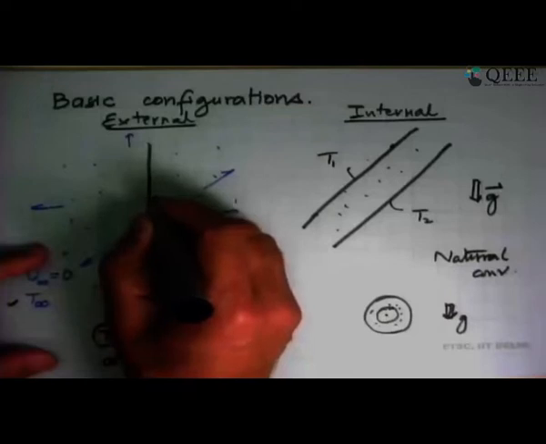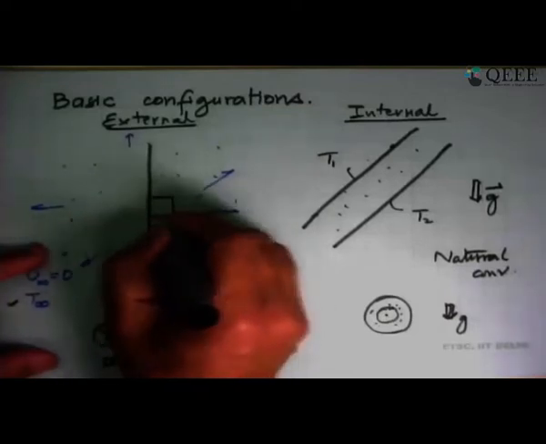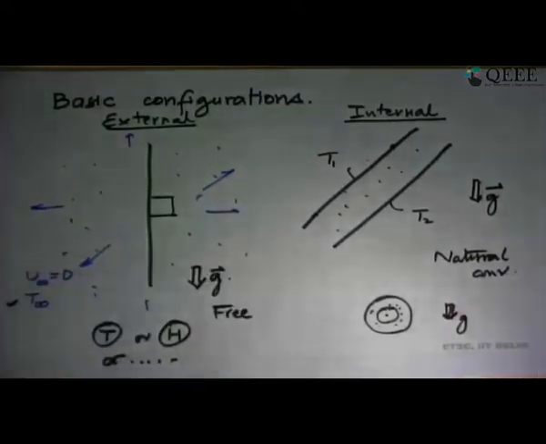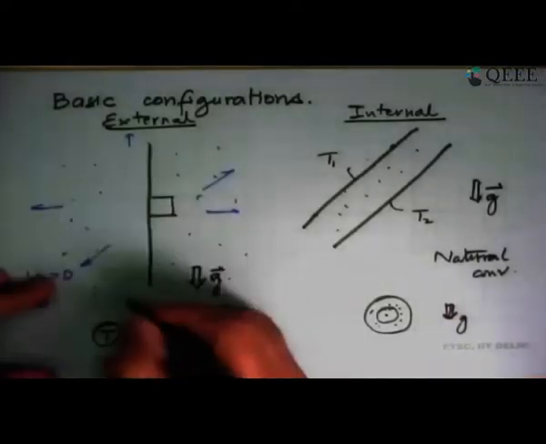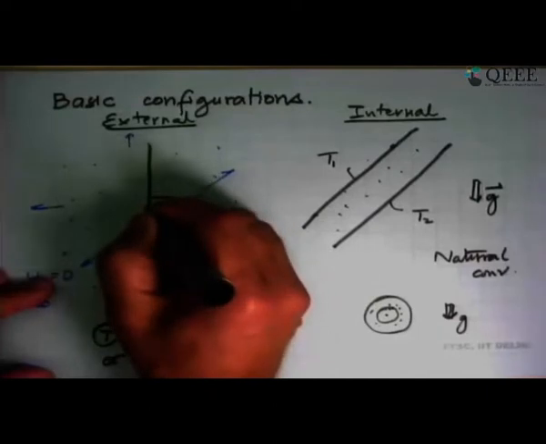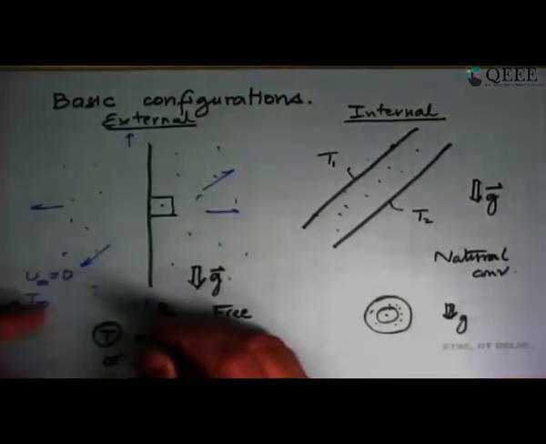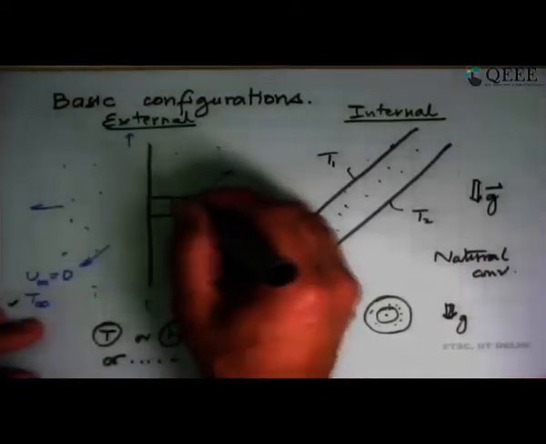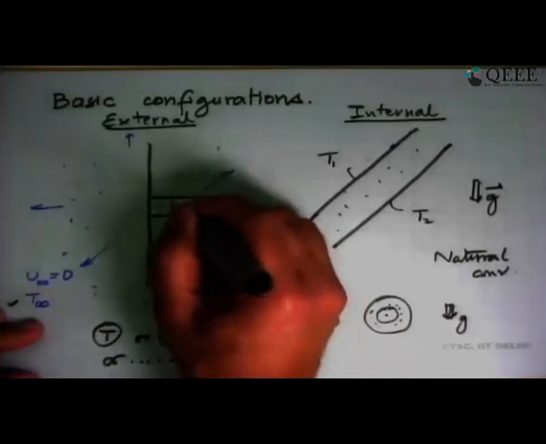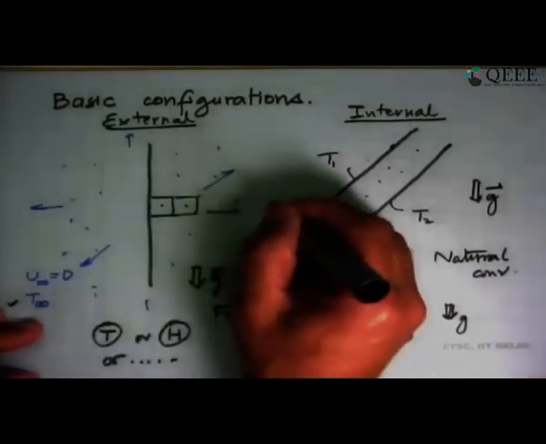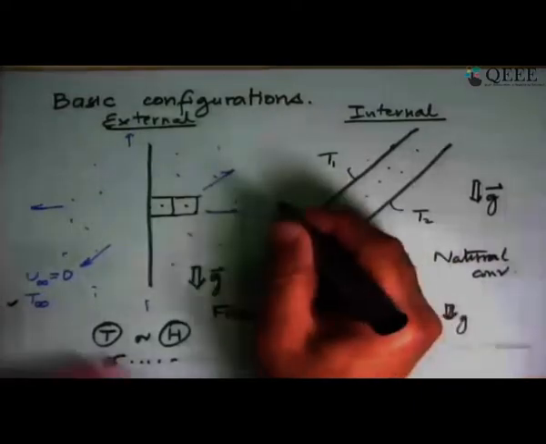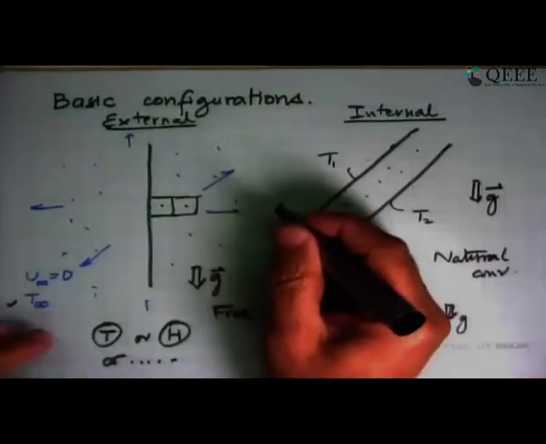If we take an element, say here, if the wall is hotter than the fluid, this element which is in contact with the wall will go to the wall temperature. The fluid element next to that will be at a slightly lower temperature, and as you go away, finally the element here will be at the ambient fluid temperature.